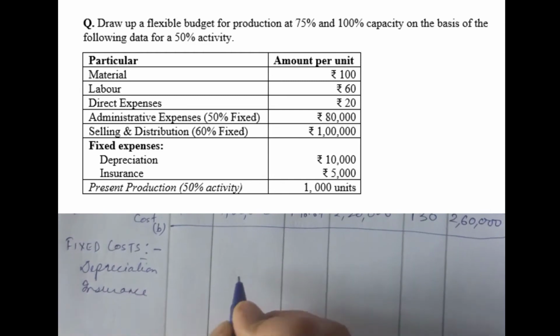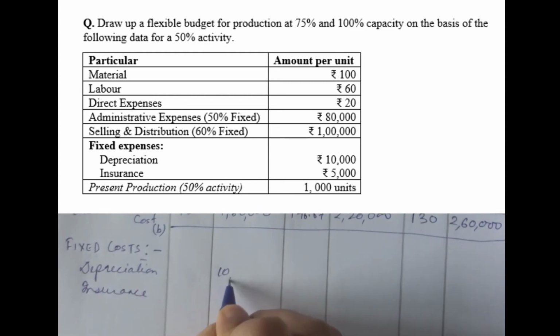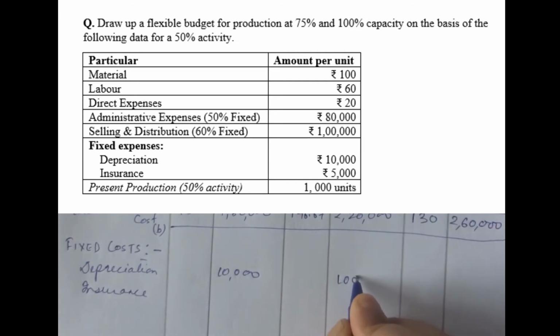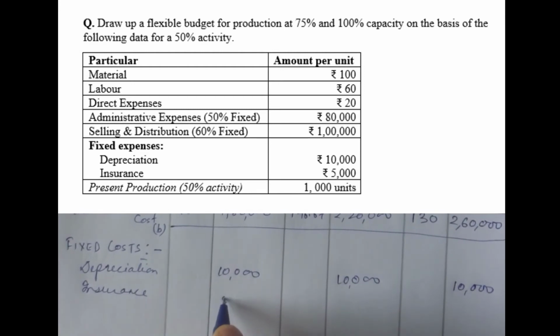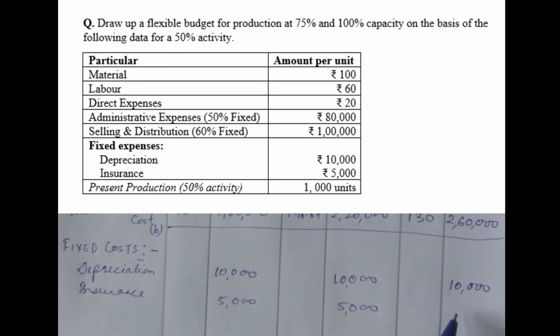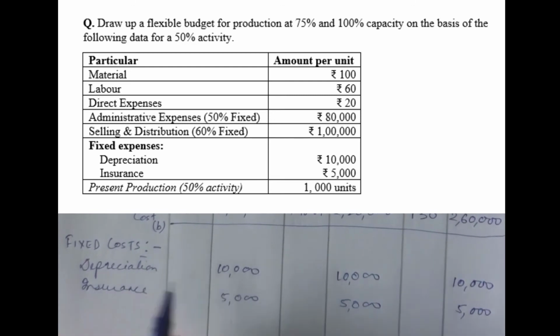Now depreciation is 10,000 rupees. So this is fixed, right? So fixed amount will be same. That is for 75% capacity also, for 100% also. Insurance was 5,000. So 5,000 here and 5,000 here. Okay, because it is fixed cost, the amount will not change. The per unit will change.